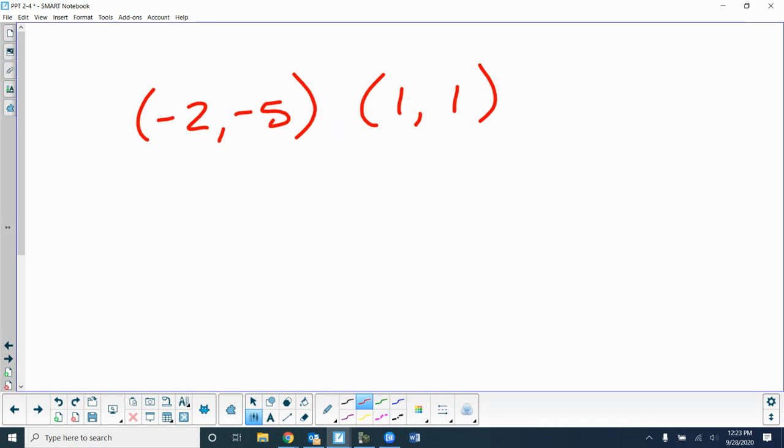All right, you guys did well. Cole, what'd you get for the slope? M is 2, that's correct. Anybody have a problem with that? Remember, it's the y's over the x's, right? Subtract. So y equals 2x plus b.